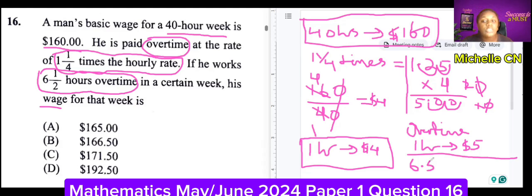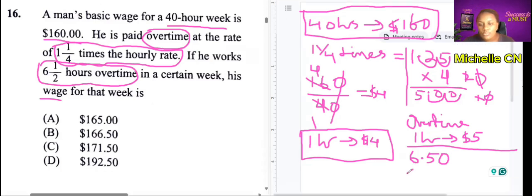I will multiply this by the hourly rate for overtime, which is $5. 0 times 5 is 0, 5 times 5 is 25.